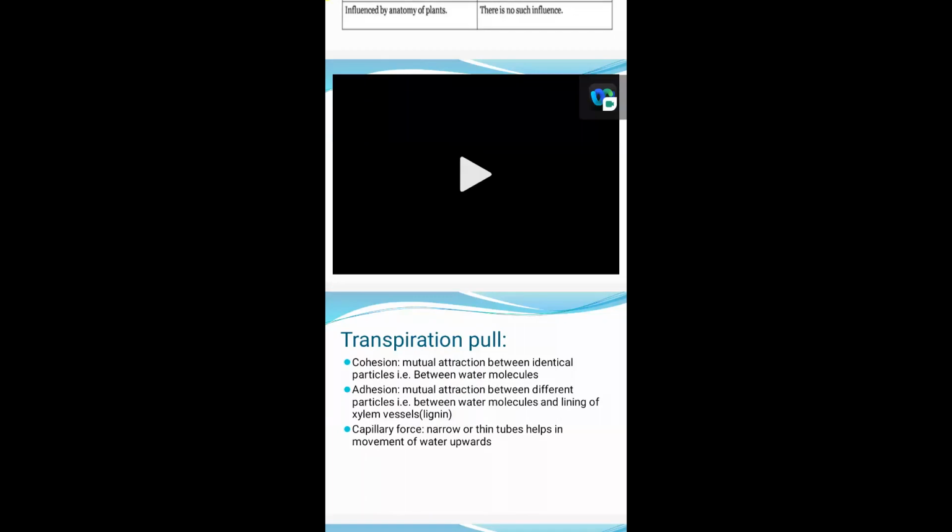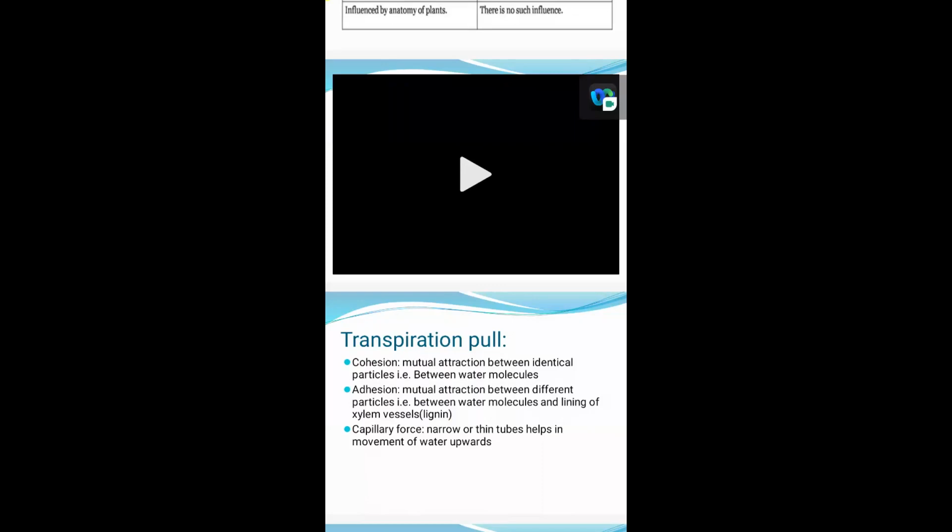So these two forces, the cohesive force and the adhesive force: when you see the water column, because of the adhesion force between the water and the lignin, one water molecule is attracted towards the lignin. Now another water molecule is pulled by that water molecule because of this cohesive force. So because of the cohesive force and the adhesive force, these two forces help in maintaining the continuous water column in the xylem vessels. These two forces help in the continuous movement of water.